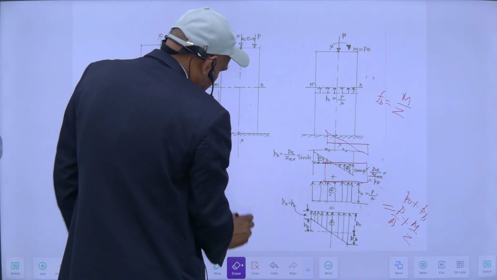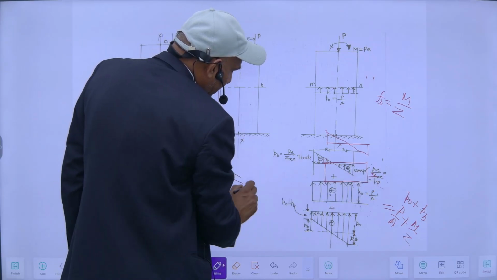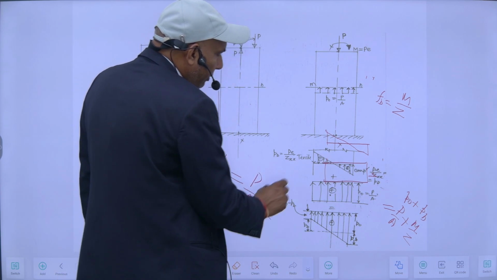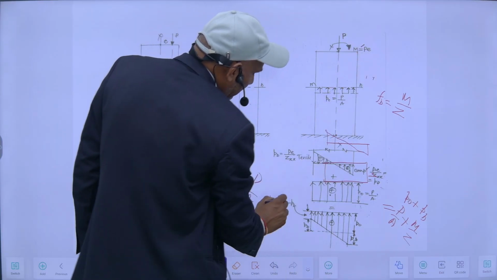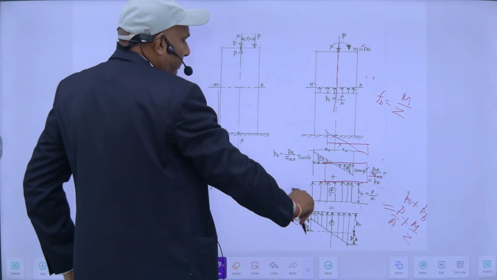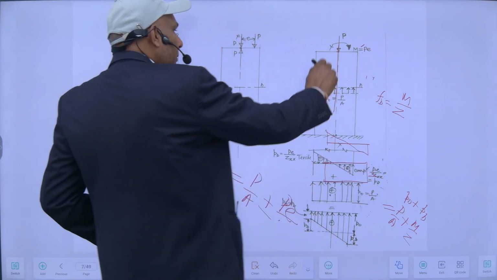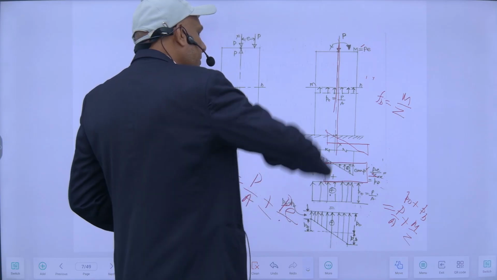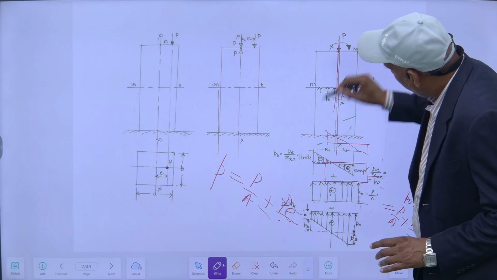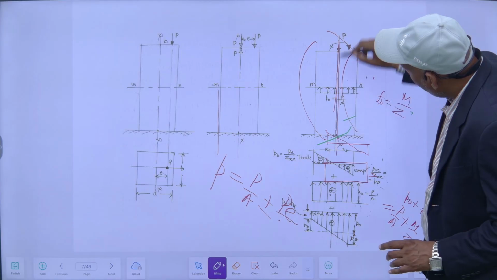So my final stress will be P upon A plus minus M upon Z. My value of M is PE, upon Z, and Z will be along this axis, because this bending is basically occurring about this axis.